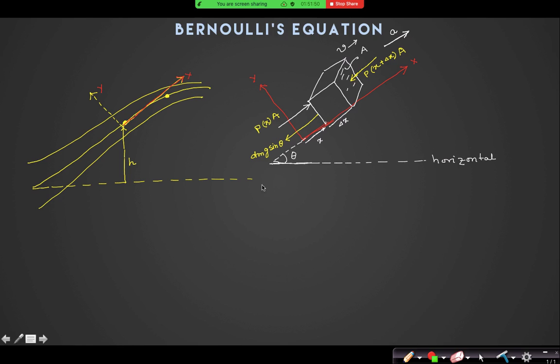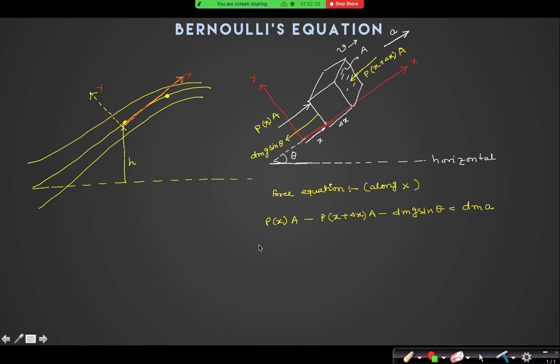Can we write a force equation now? The free body diagram is over. Force equation along the x-axis: P of x times A is equal to minus dm g sin theta plus P of x plus delta x times A, minus dm g sin theta is equal to dm times a.